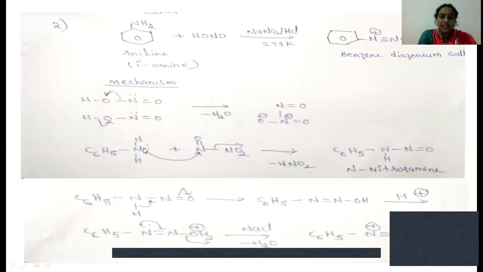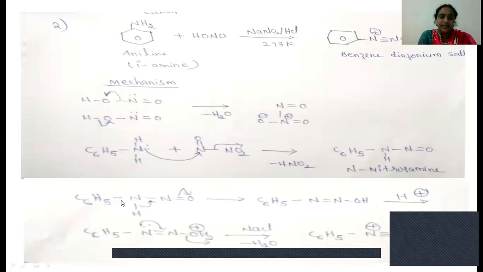To neutralize this positive charge, this nitrogen takes the bonding electrons of the hydrogen, so that H is liberated as H plus and NO2 as NO2 minus. This H plus and NO2 minus combine together and are eliminated as HNO2. Finally, by making the bond between the two nitrogens, this compound forms.